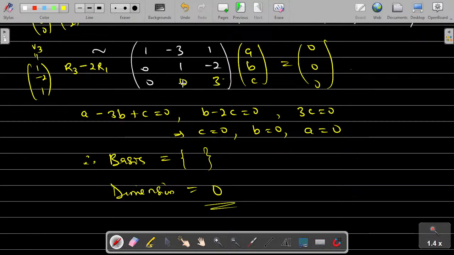But in this case, it's unique, and it's all equal to 0. So the only solution we have here is the trivial solution, and so it's a null space with no basis, and therefore the dimension is 0.